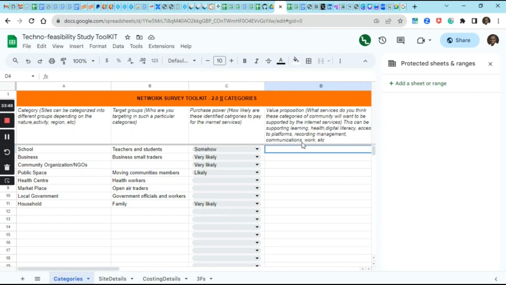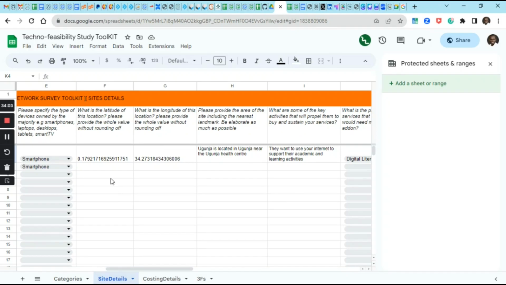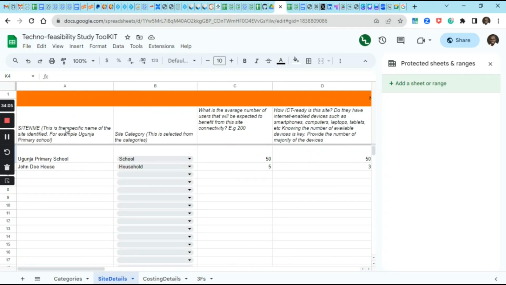So try to understand what it is that you want to put on top of your services or your network, so that it can make value. Once you have that category as our step one, you'll be able to now look at specific sites. For example, if it is a school, which school in particular?